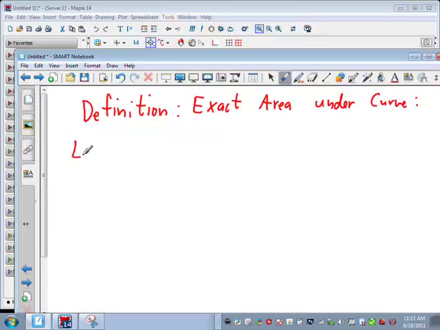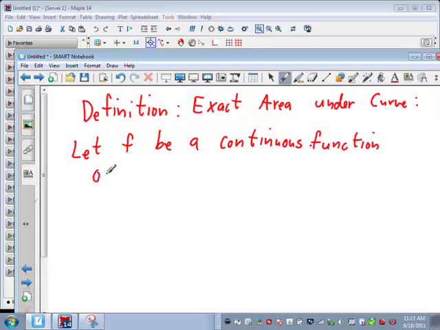Let f be a function, and it's not necessary, but in this context, we want f to be continuous on the whole interval in question. So let f be a continuous function on the interval a to b.